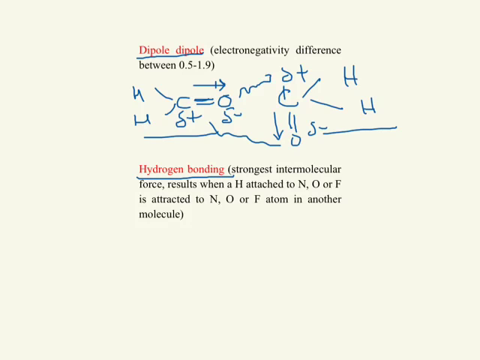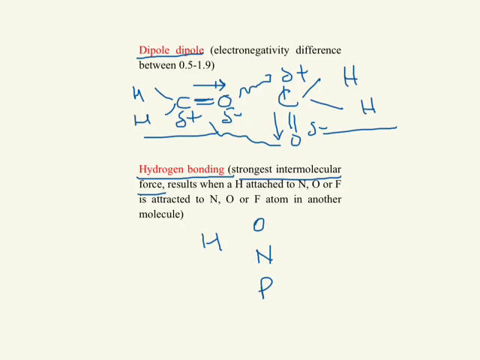Next is hydrogen bonding, which is the strongest intermolecular force, and this occurs when a hydrogen atom bonded to oxygen, nitrogen or fluorine is attracted to an oxygen, nitrogen or fluorine atom in another molecule.